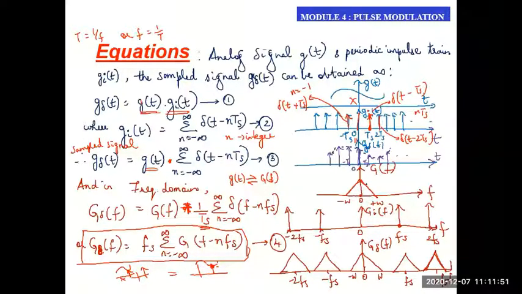The frequency domain representation of G of t is this G of F, and its limit is from 0 to W. And Gi of F is the equivalent for what? The Fourier transform of the periodic impulse train Gi of t. We had Gi of t here. Gi of F represents the periodic impulse train Fourier transform. So we know that is also an impulse train only.